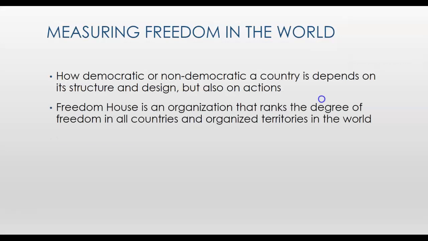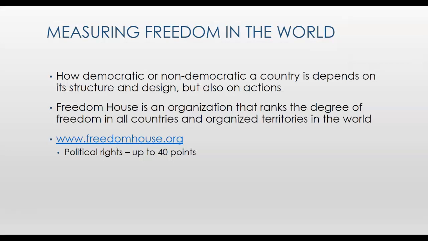There is an organization called Freedom House, which operates all around the world, and every year it ranks the degree of freedom in all countries around the world.